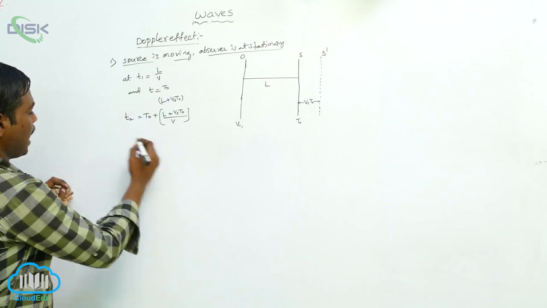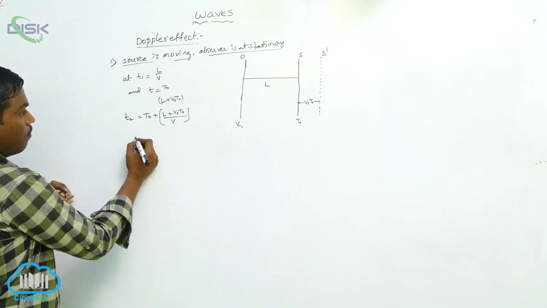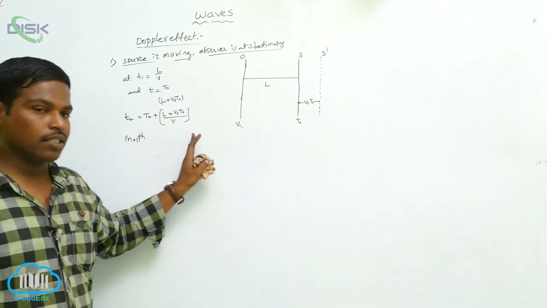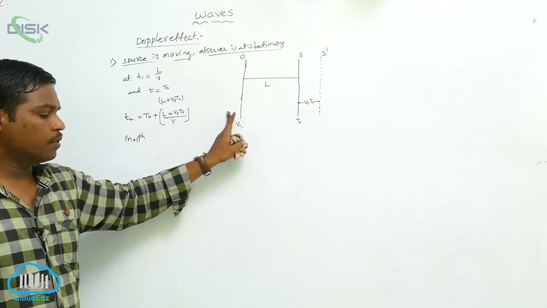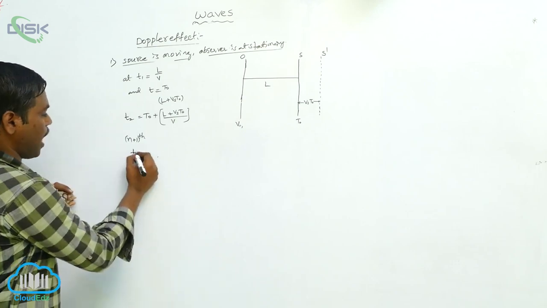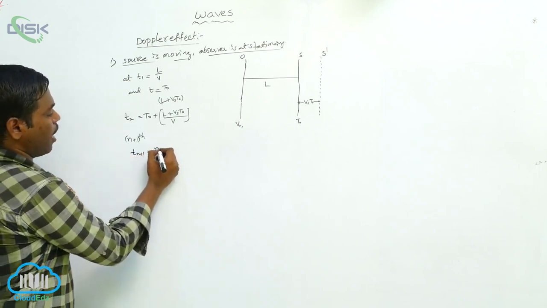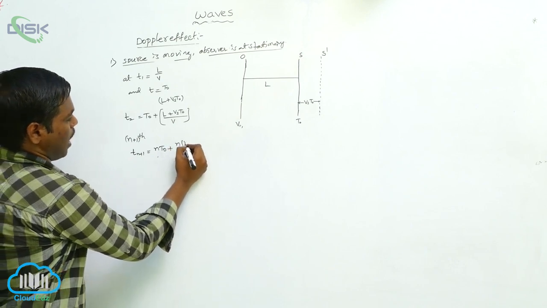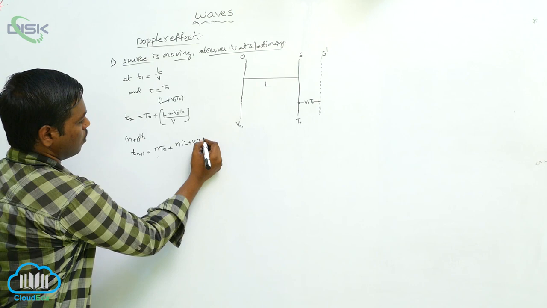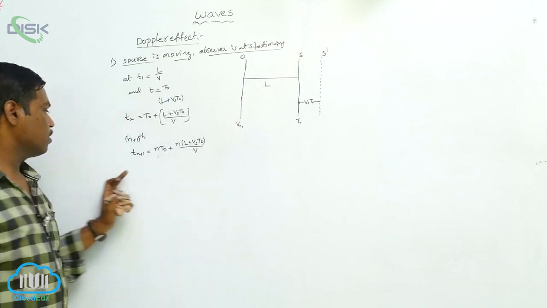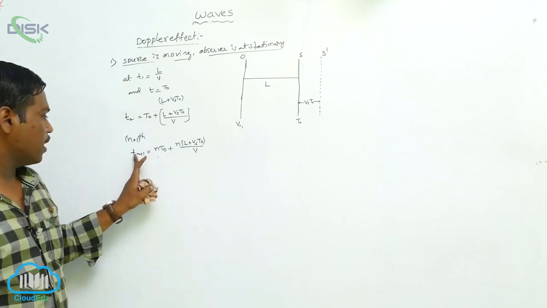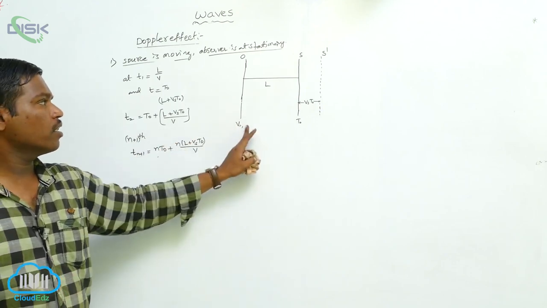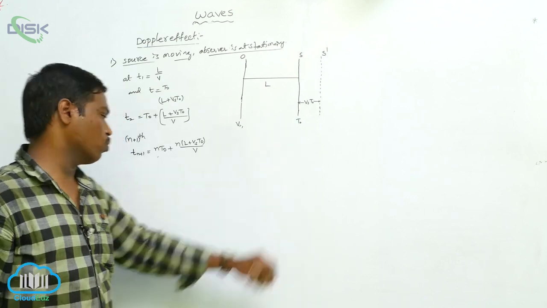Now for the n plus 1th crest reaching the observer, Tn plus 1 we can write as n t0 plus n into (L plus Vs t0) by V. This is the time when the n plus 1th crest reaches the observer from the source.